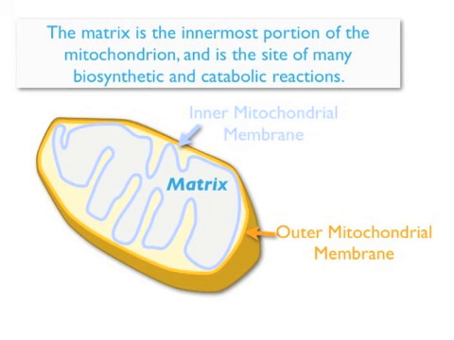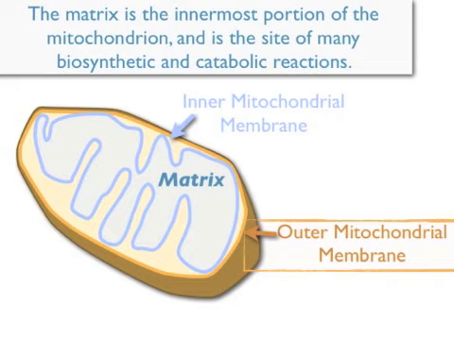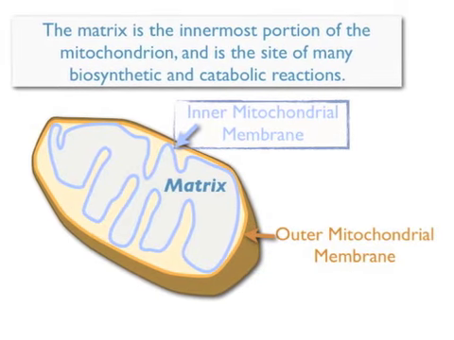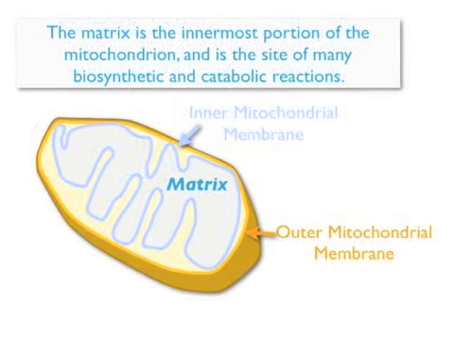The mitochondrion has two membranes, the outer mitochondrial membrane and the inner mitochondrial membrane. Just inside the inner mitochondrial membrane is a portion of the mitochondria known as the matrix. This is the site of many biosynthetic and catabolic reactions, including some of the reactions in heme synthesis.